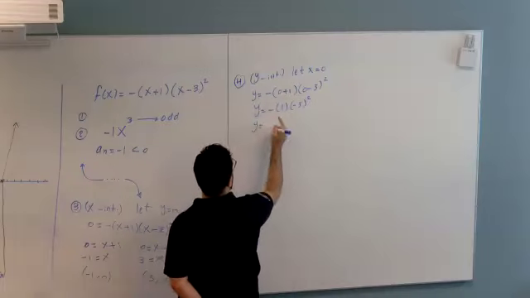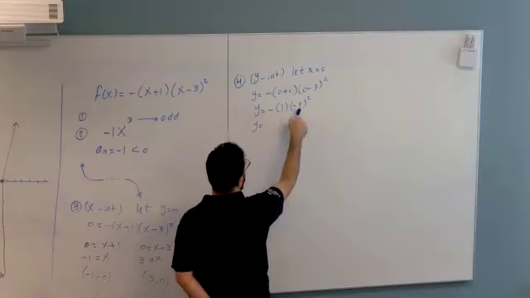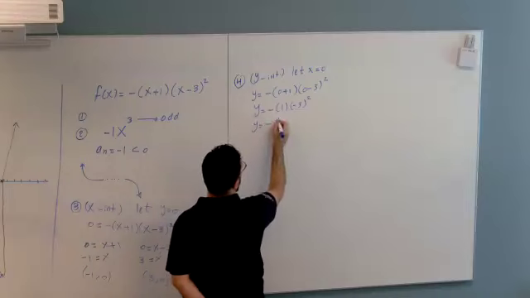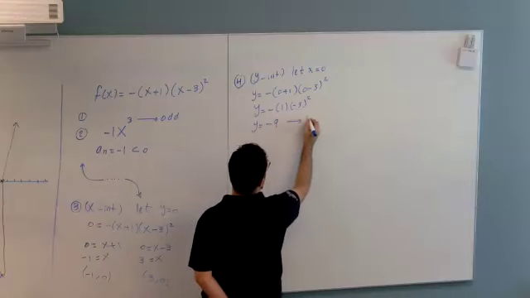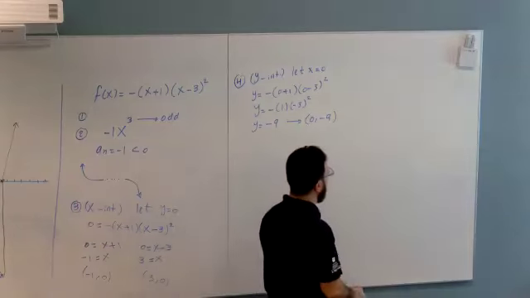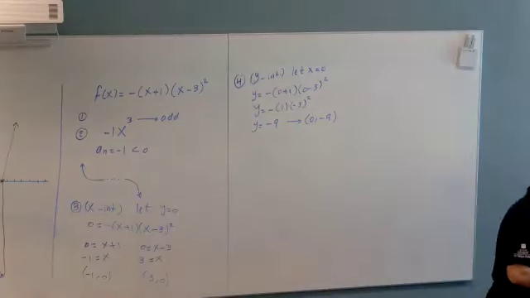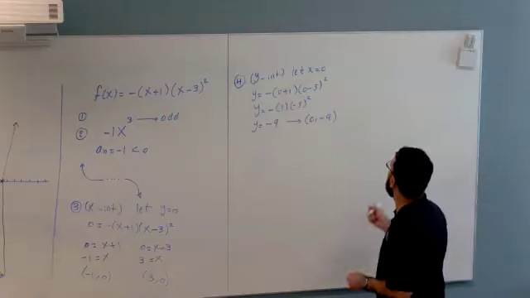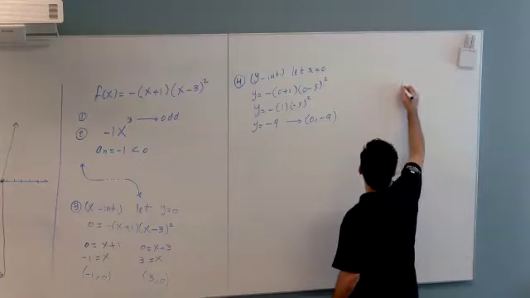So negative 3 squared, 9. Times 1, 9. Times negative 1. That means the point is 0 and negative 9. Is that okay? Piece of cake. Let's do a simple graph here.